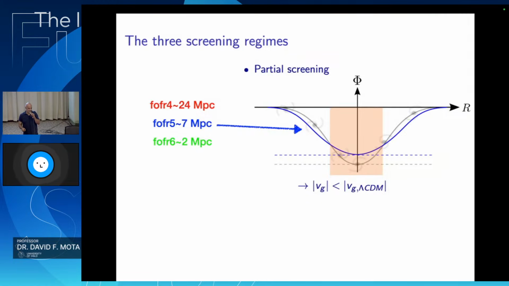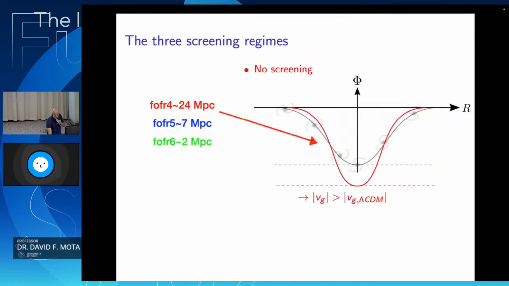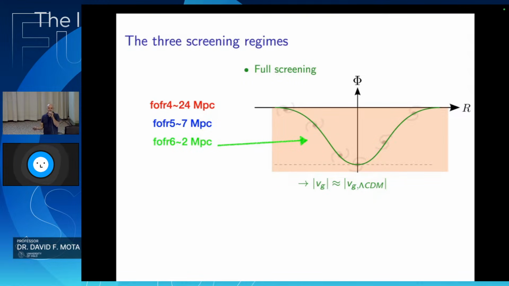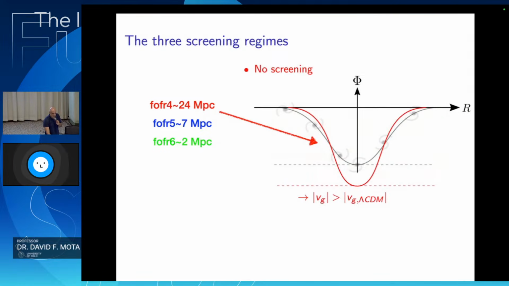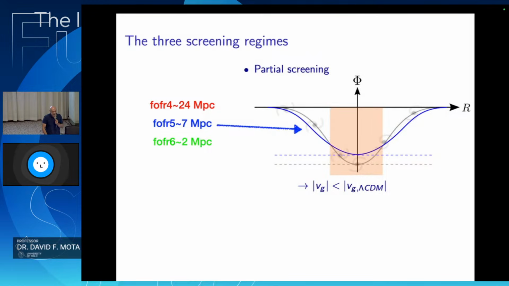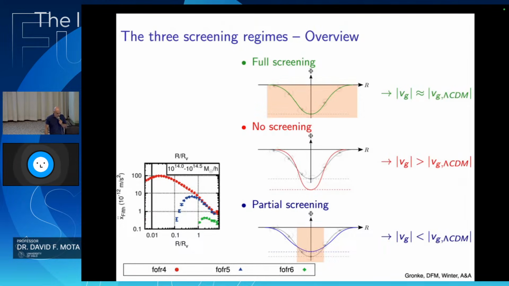So I don't expect to use the gravitational redshift to rule out F of R6, because it's pretty much the same as general relativity. But with F of R4, I might see some very strong effects, and there is this partial screening for F of R5. There might be something there to look at. Okay? So let's try to look at this.